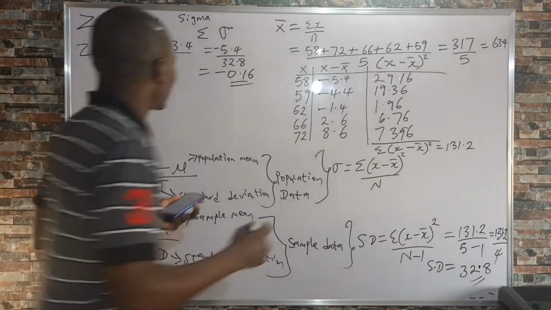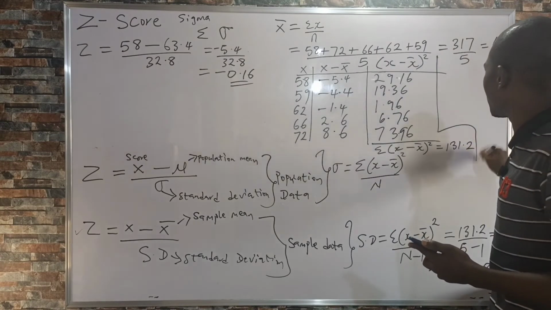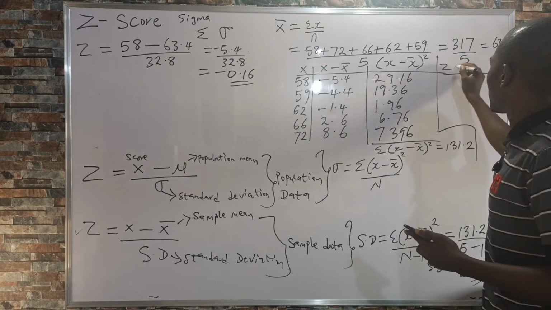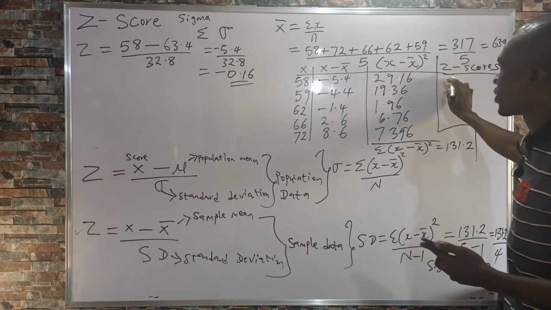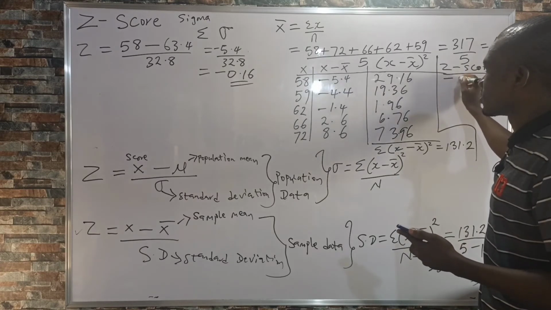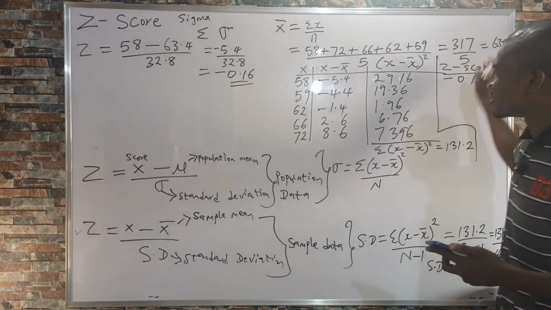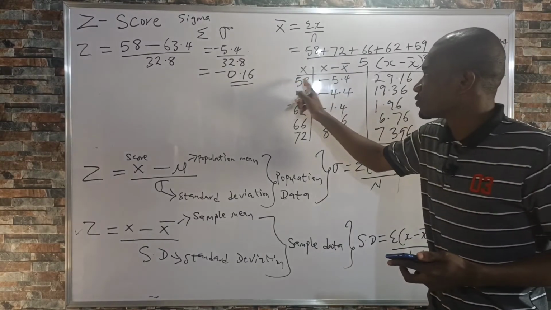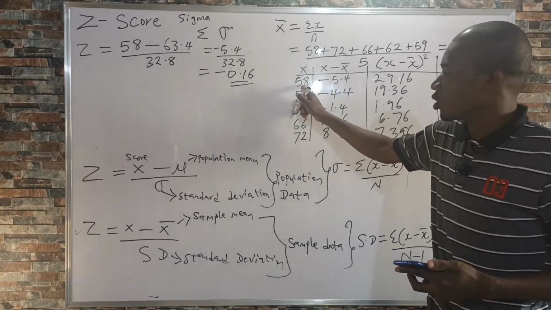Then the z-score, remember the next column, you can just include it as z-score. So here are our z-scores. The first instance we have negative 0.16, so negative 0.16 is the z-score of this 58. That is the standard score of this score value of 58.